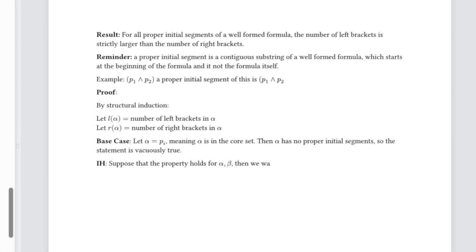Then we want to prove it for alpha and beta, alpha or beta, not alpha, and alpha right arrow beta.